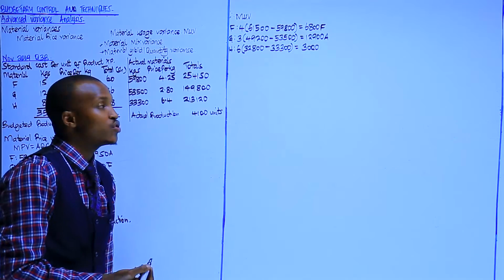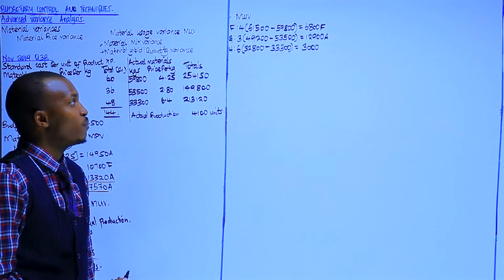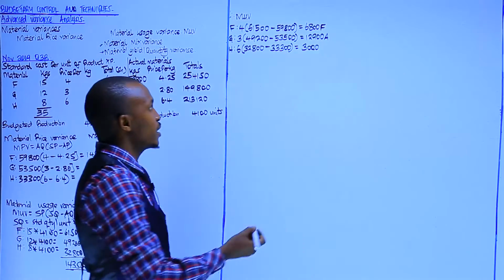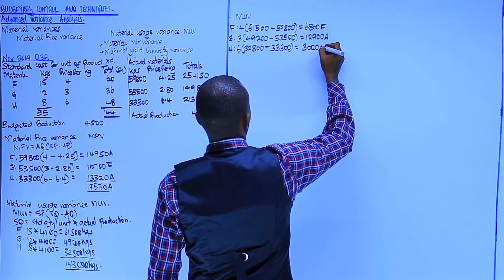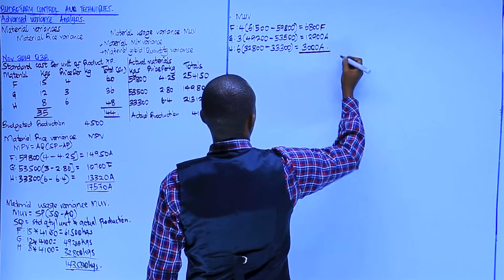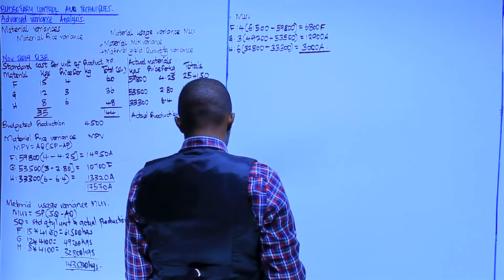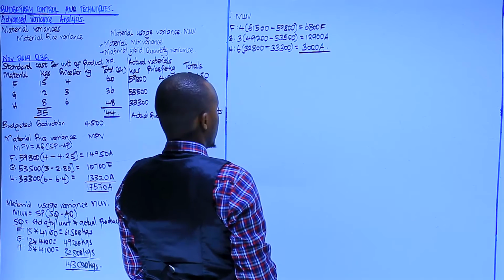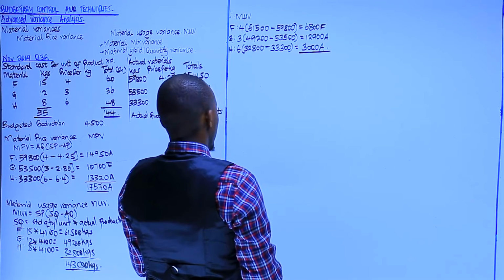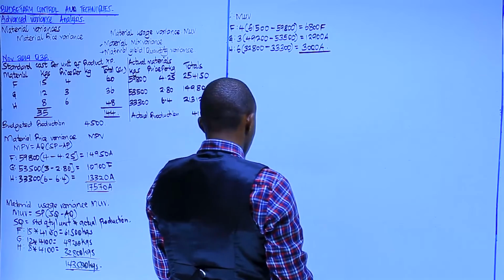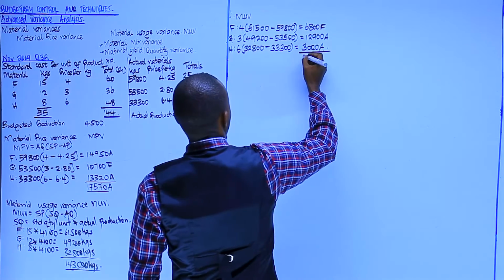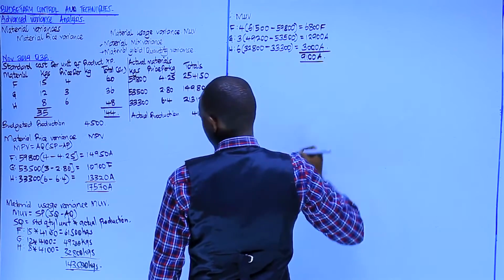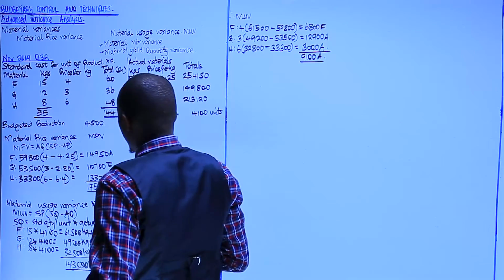And lastly, H. You had budgeted to use 32,800, ended up using 33,300. That will be adverse. Then you add the adverse plus adverse minus your favorable, 9,100, which is adverse.